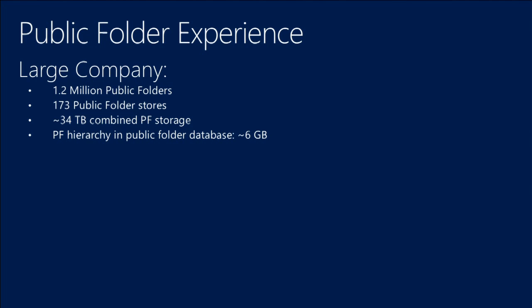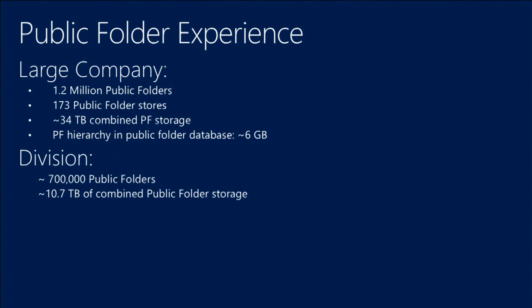So all the combined data are 34 terabyte, and the public folder hierarchy alone is 6 gigabyte. So now we come back to the thought about why in Exchange Online I only get 19 gigabyte compared to the 25, which is the limit. Basically, roughly you can store 1.2 million public folders in there, because that would be the size of the hierarchy.